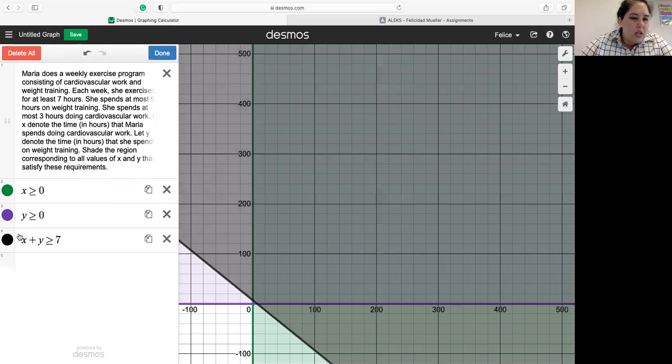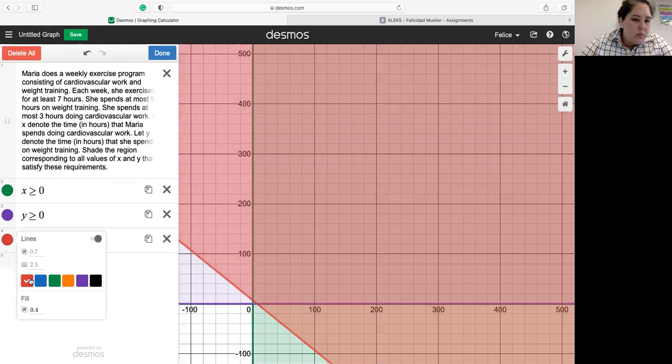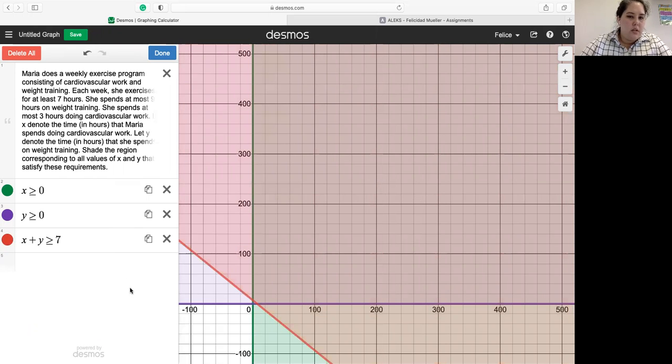And I'm definitely going to change that color. Let's go with red, and we're going to make that a 2 instead. Another option we do have is if I make them all red, then it's going to be the one that has the darkest shading. There we go. That might actually help us out here.